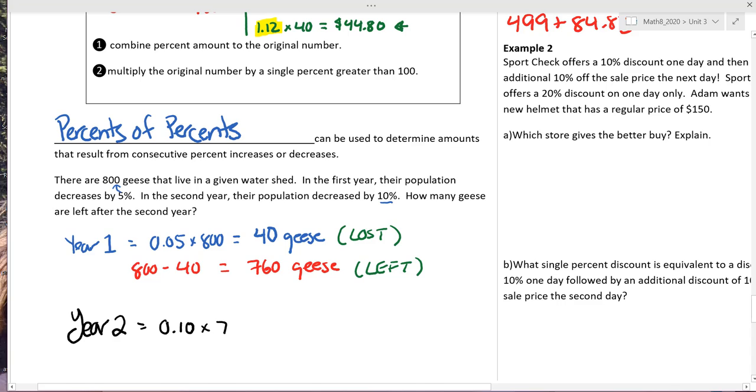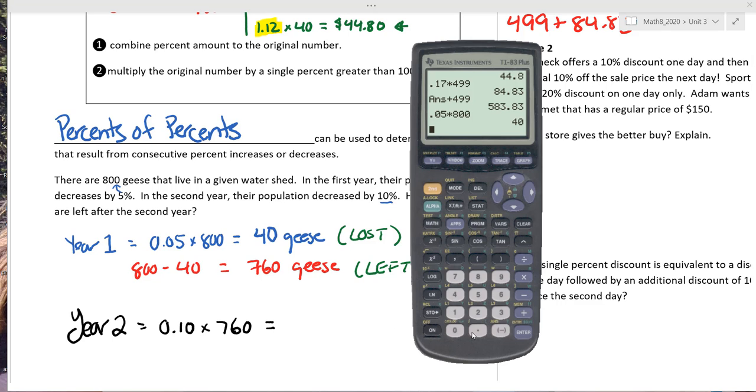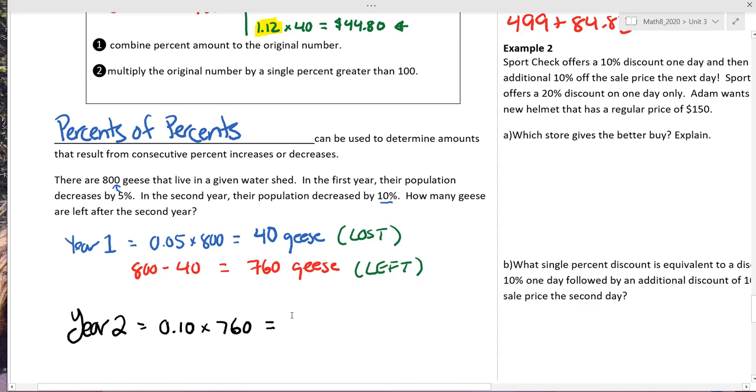So 10% of the 760 geese. We go 0.10 times 760, and that equals 76 geese. Is that how many geese are left?